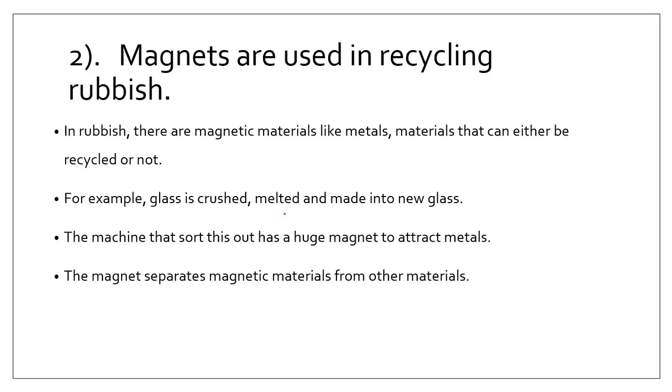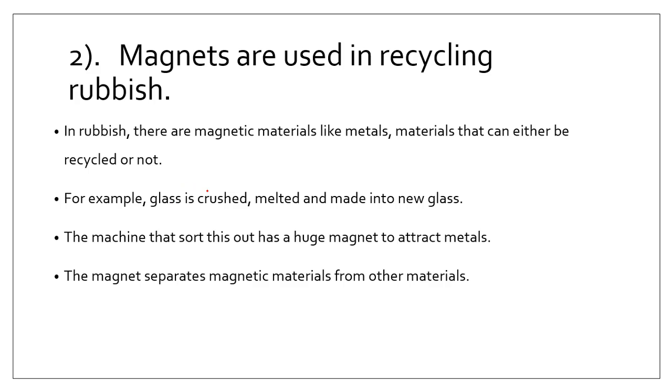But before that, to avoid some metals getting mixed with the glass itself, they have to use a magnet, so that all the magnetic materials like metals are trapped by the magnet.